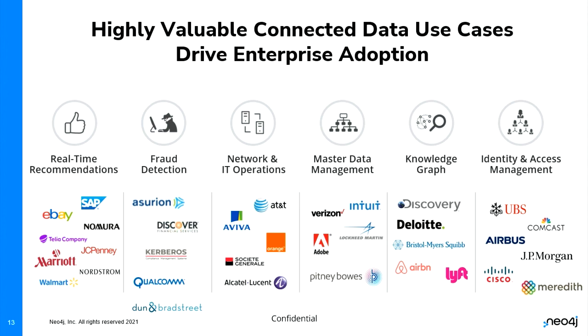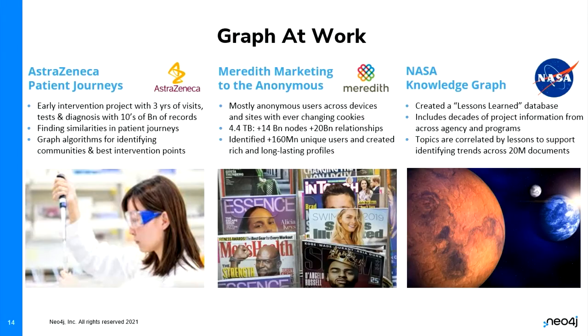So we're using their logos, but I can't get into the details of their stories because their applications are very important, very strategic, and we're under serious confidentiality agreements with them around this. So what we do have out on our website are some public stories that we can share, but 95% of them we can't share. But here's some examples of graph at work.